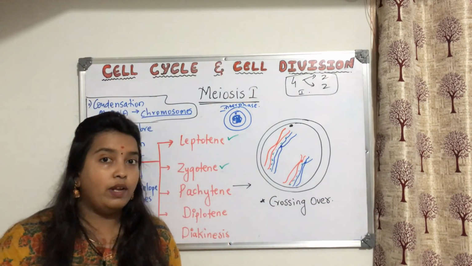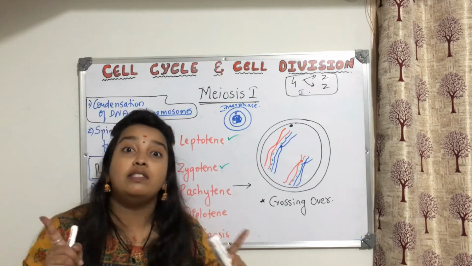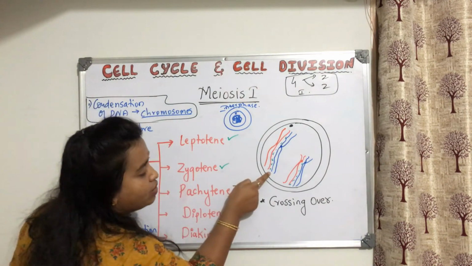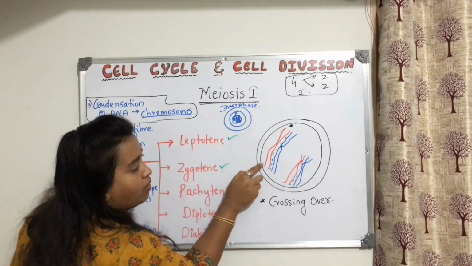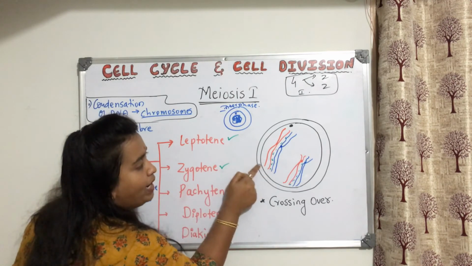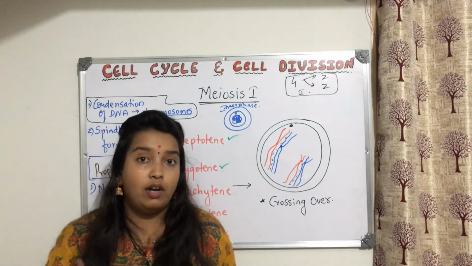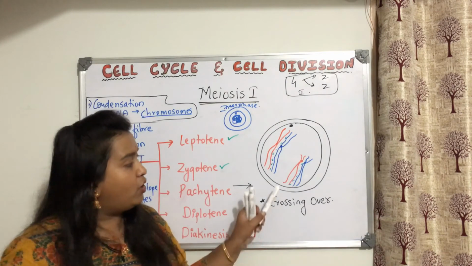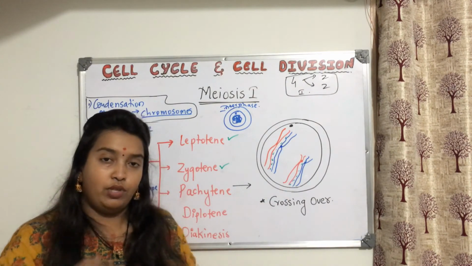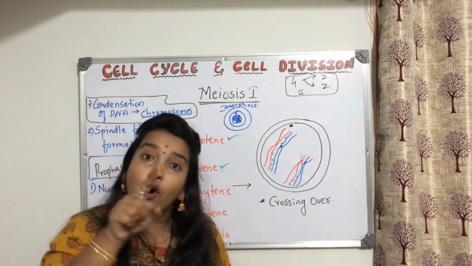What is crossing over? I told you, it happens between non-sister chromatids. The chromatids of these two paternal and maternal chromosomes are called non-sister. Here also they are called non-sister. So there is a crossing over between non-sister chromatids.